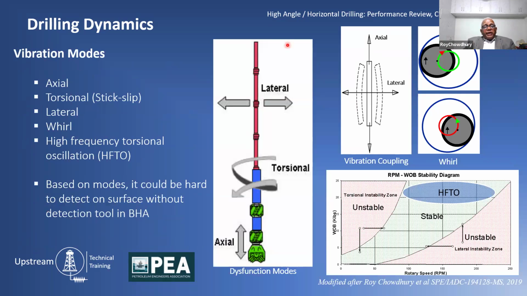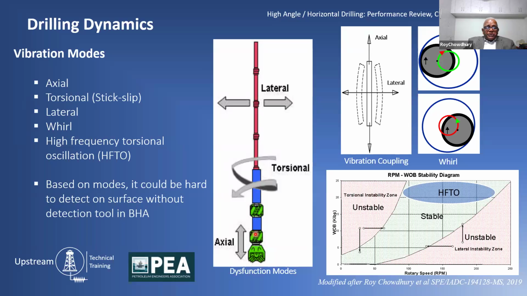Now, let us look at the different modes of vibration. Of course, we all know axial vibration, along the axis of the drill string. These are caused mostly in the case of roller cone bits. Lateral vibration, which is across the drill string axis, and of course torsional vibration. Now, there is a relationship between these vibration modes, which is called coupling.